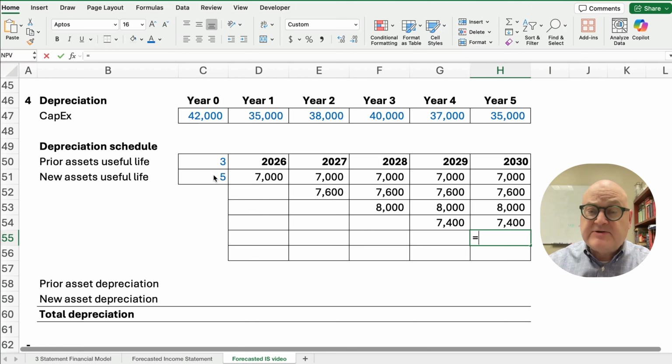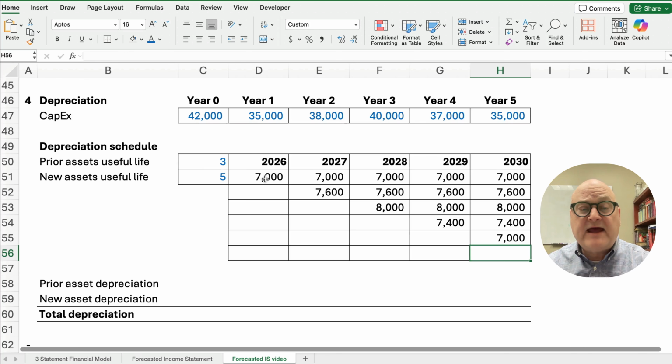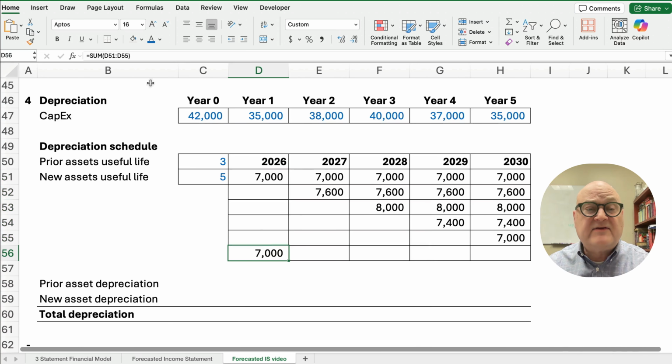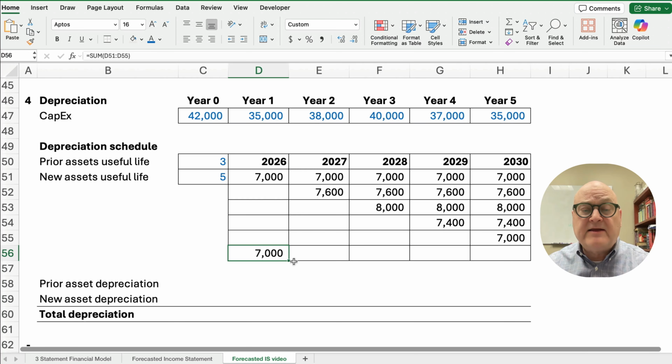And the last one is just the 35,000 divided by 5, and that is going to be 7,000. So we have depreciation each year. I need to figure out the total depreciation here, so that is the sum of all those numbers. I can calculate that and copy that all the way across.